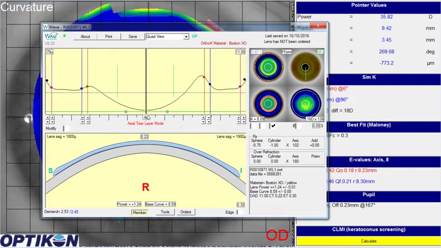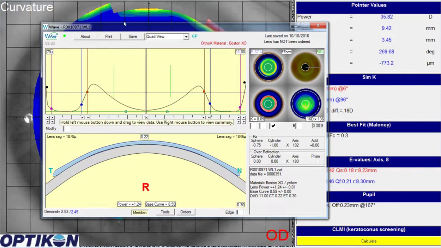And we're at 729. So the simulated tear graph is going to look very unusual in the vertical meridian. We didn't do anything in the horizontal, but that's okay. We're trying to do something slightly unusual to this cornea anyway.